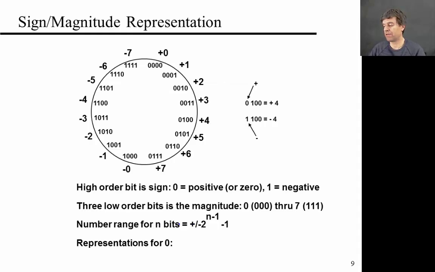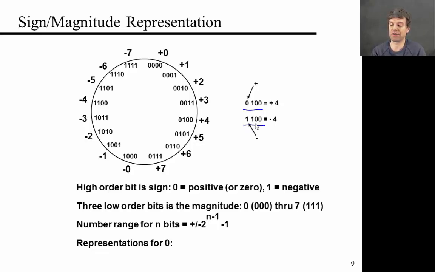Okay, so the first representation that we'll introduce is the sign magnitude representation that's shown here. So the idea here is actually really simple, right? You have numbers, so shown here, and it's just going to say the first bit, the highest order bit, is the sign.